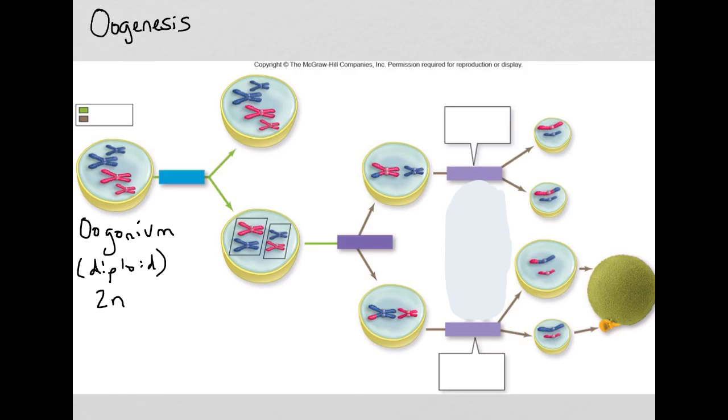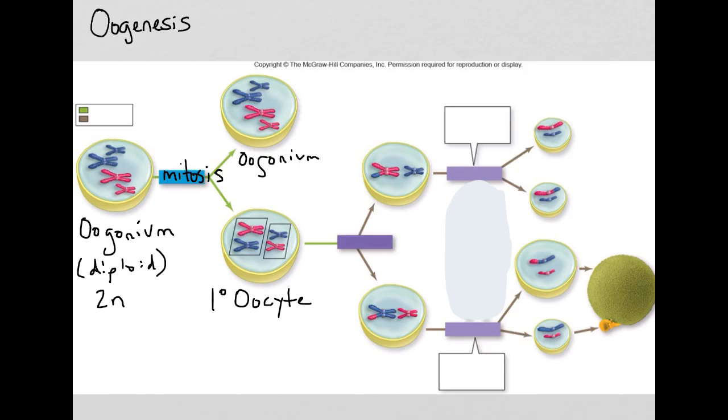In the ovaries, these cells can go through mitosis to make more oogonia, or to make a primary oocyte.